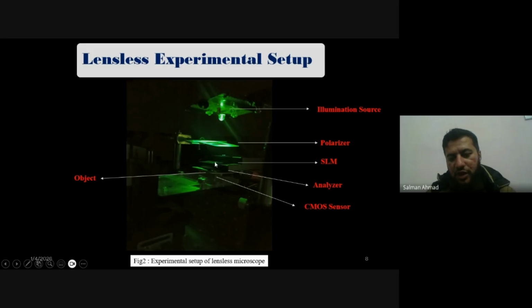After falling that light on the mask, the structured light then moves toward the analyzer, and then the CMOS sensor records the images, and we record the images on a computer. The sensor is connected, and after that we apply the robust reconstruction algorithm.